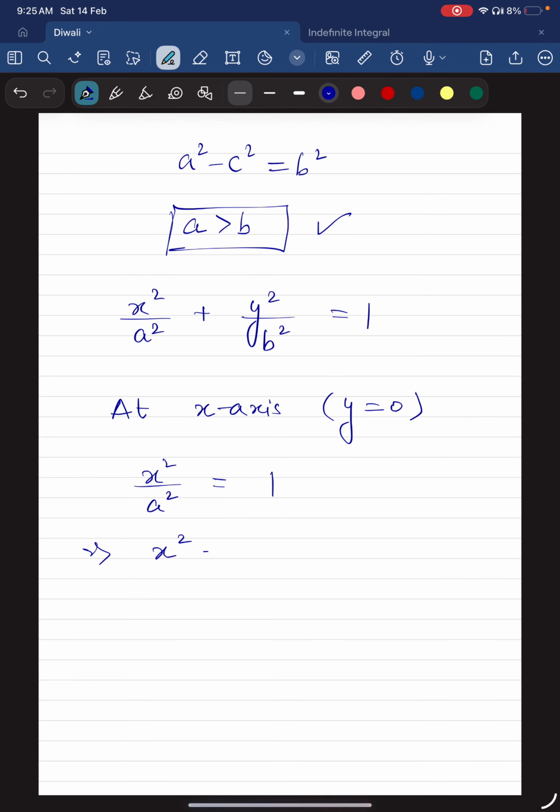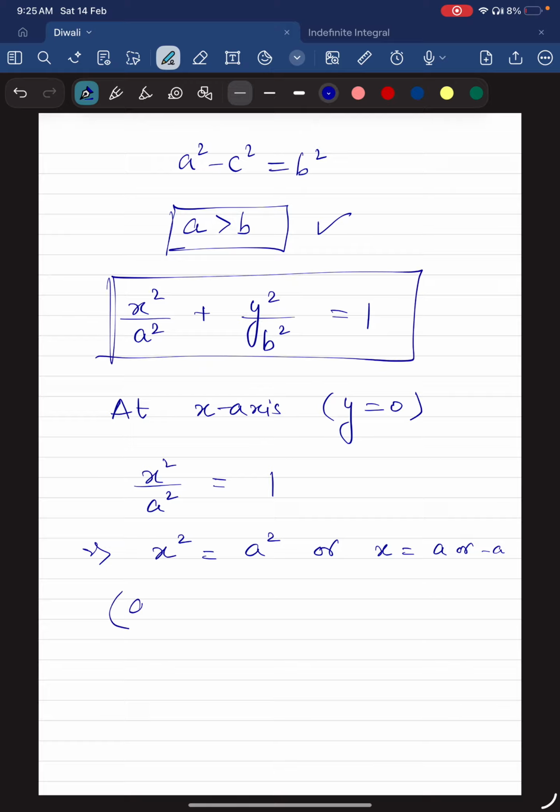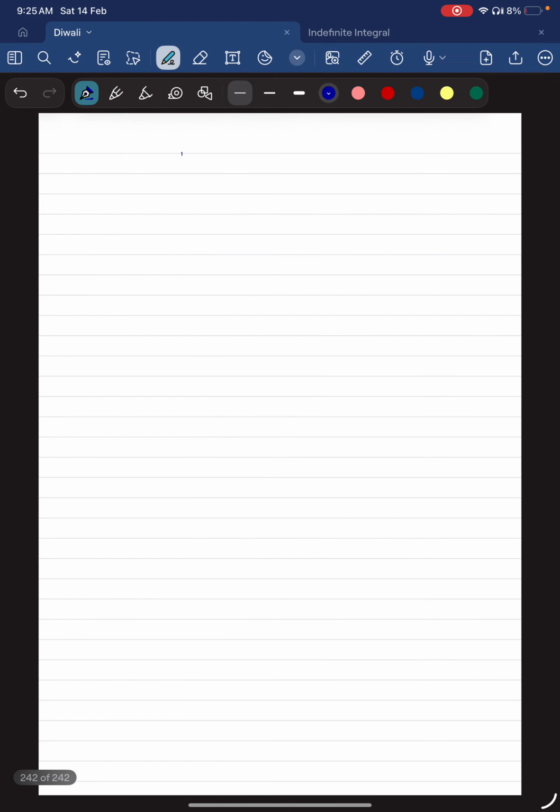This means x square would be equal to a square. This means x would be equal to a or minus a. That means my ellipse would be intersecting x-axis at a comma 0 and minus a comma 0. These 2 points.